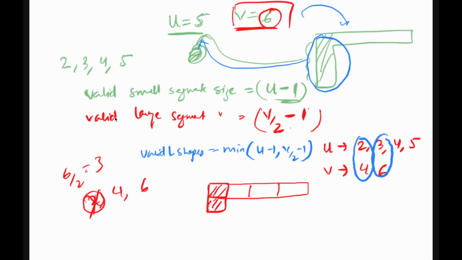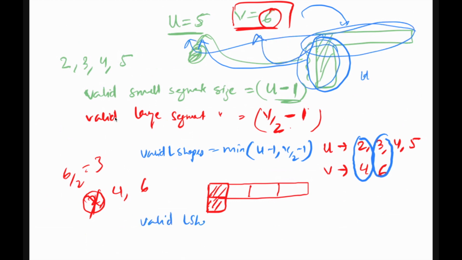Now similarly, if you take the larger segment from U and the smaller segment from V, the total number of valid L shapes, let's call it dash here, would be the minimum of... since we are taking the smaller segments from V, it would be V minus 1.